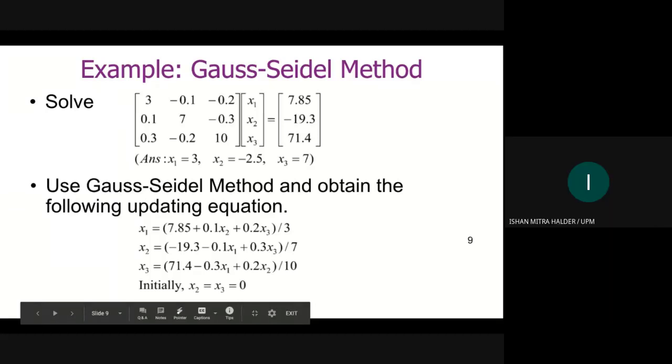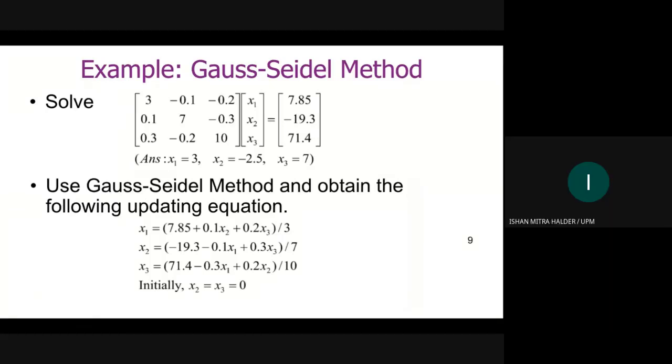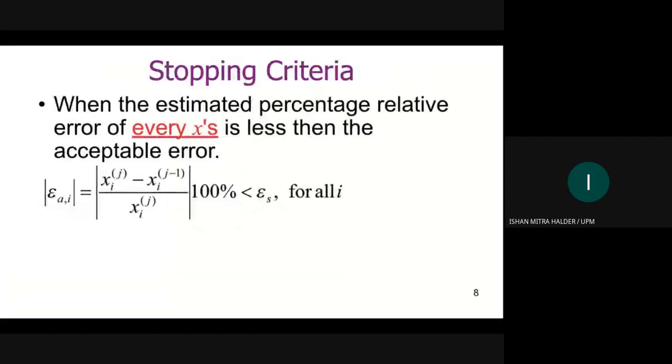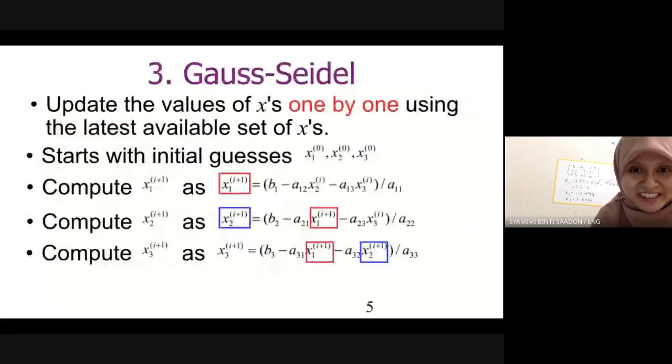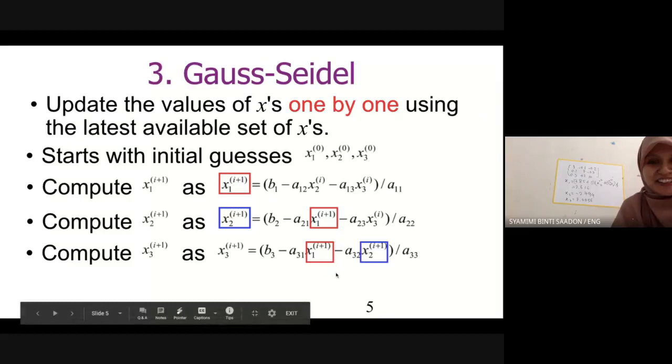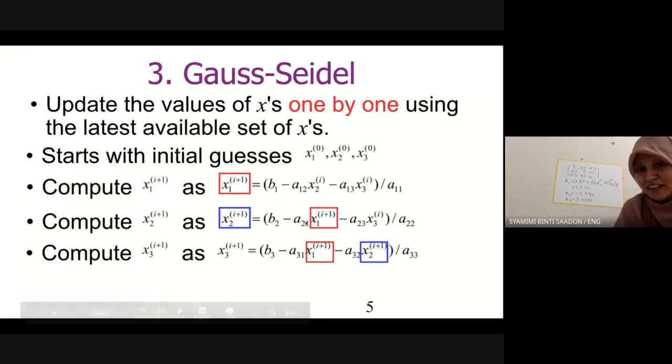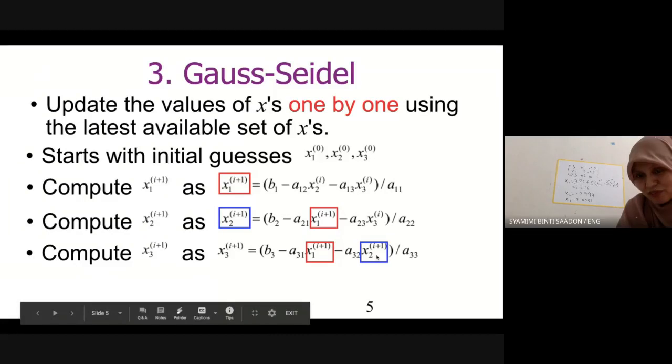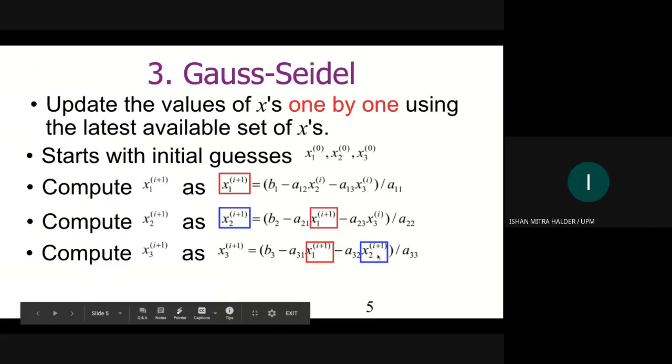Then for x3, we can use both the values of x1 and x2? Yes. So you include this 2.6 here, and then you get negative 2.79. And then here you use 2.6 and negative 2.79. Okay, thank you, Doctor.